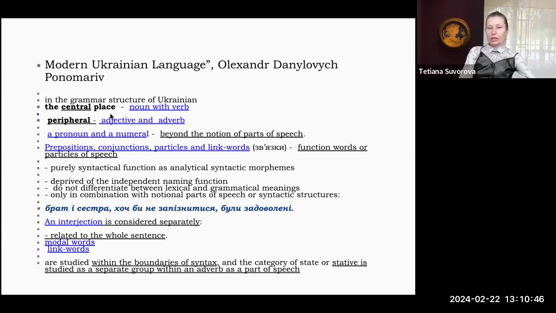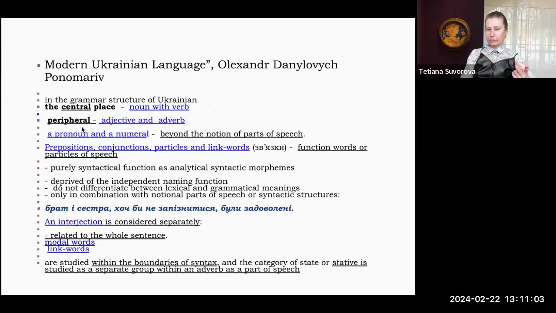So then the central place in both languages we give to the noun and the verb. Today we speak about the noun. Peripheral are the adjective and adverb, because they describe the quality of nouns and verbs.